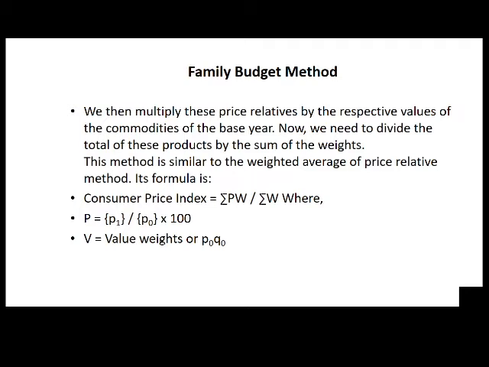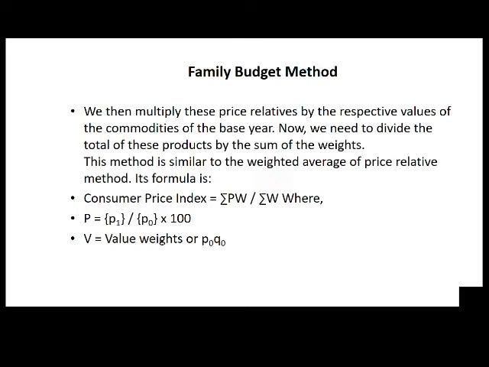This method is similar to the weighted average of price relatives method. Its formula is consumer price index equals sigma PW divided by sigma W, where P means P1 divided by P0 into 100.